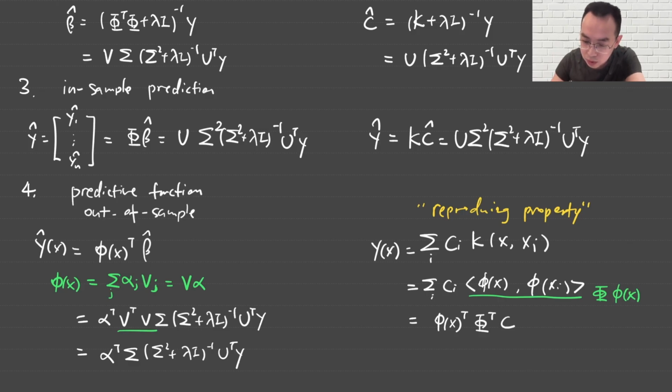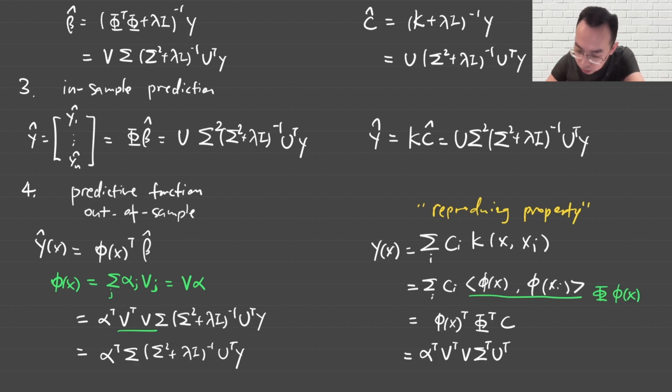And then we just plug in the closed form for C, and replace phi with the SVD, right? Replacing everything with SVD, the phi of x becomes alpha transpose V, and then we'll have alpha V transpose, and then V sigma transpose U transpose.